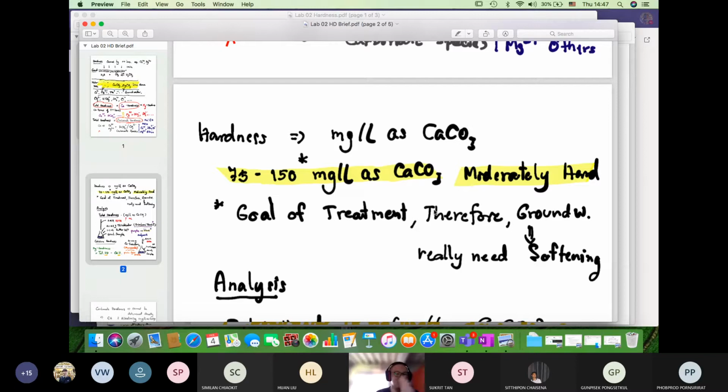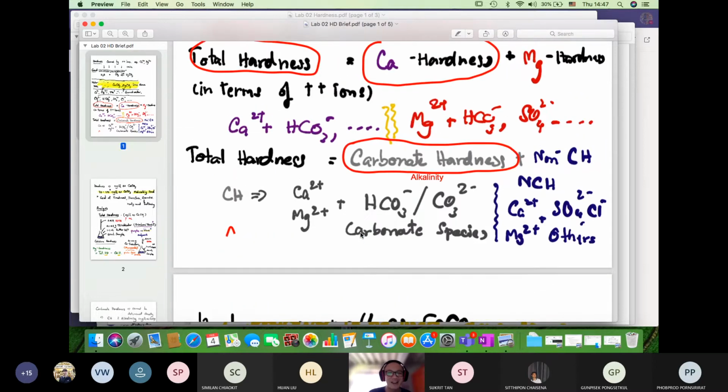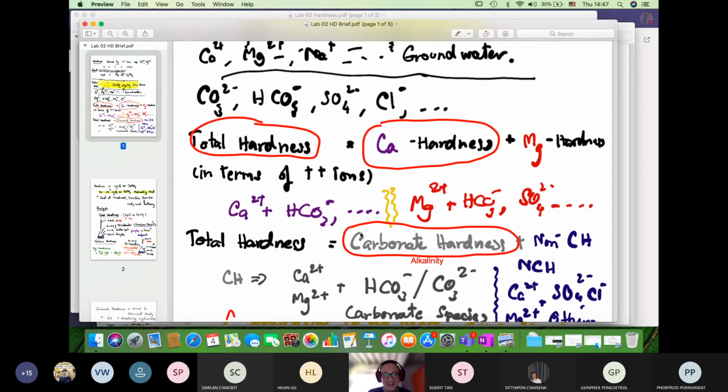But today is just a brief introduction so that you understand the major cause of hardness and why hardness information is significant to water engineers. Okay, so these are the backgrounds of these three parameters.